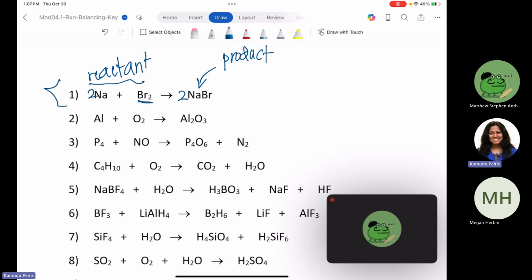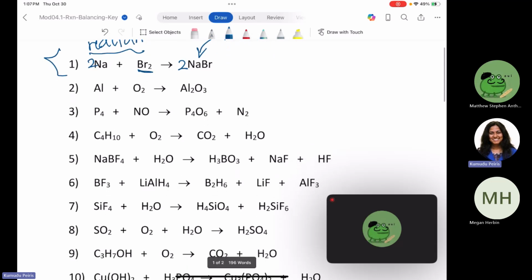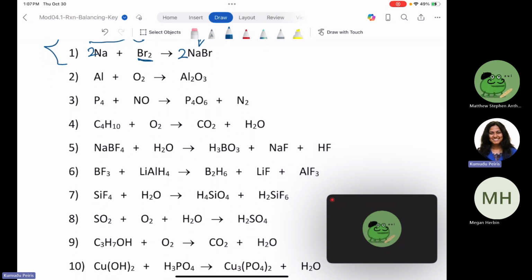Therefore, we have to add 2 as the coefficient for sodium as well. So that's how we balance that equation. Questions? Okay, the next one.